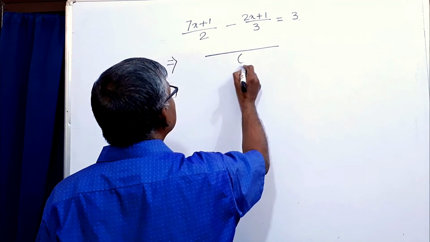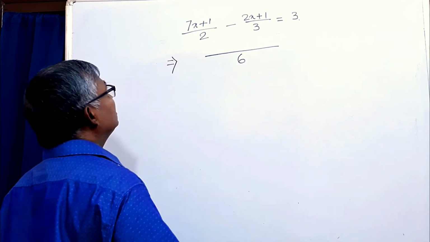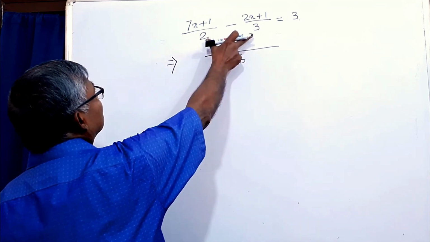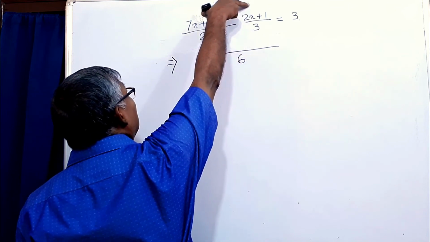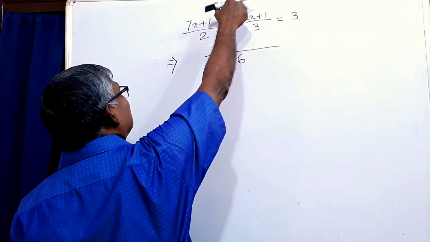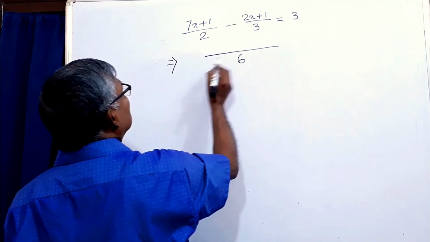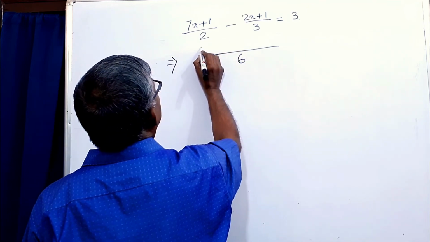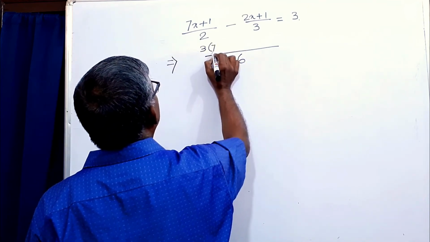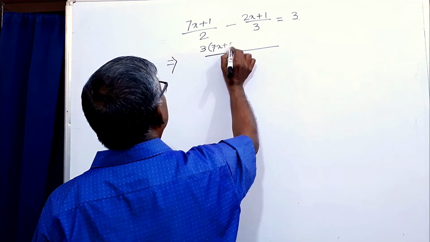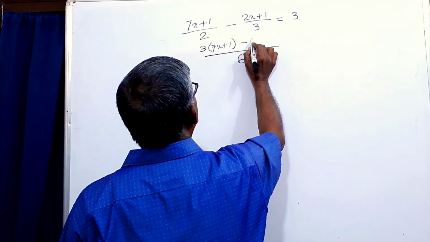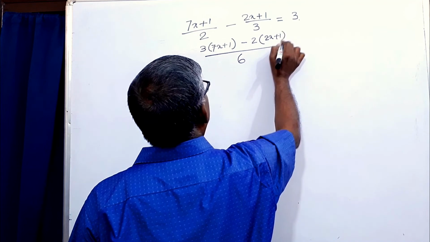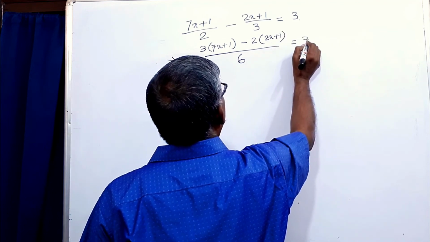It will be 6. Here is a minus sign. So you know it will be 3 into (7x plus 1) minus 2 into (2x plus 1) equals 3.